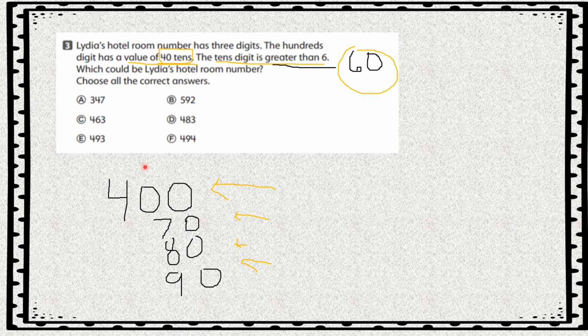Which of these is greater than 6 tens or 60? If it's greater than 6 tens or 60, then there's your answer. I'll give you a hint. There are 3 correct answers here. I want you to think about that, and we'll discuss this question again before we take the test on Friday. Good luck, awesome possums. Go back and review this video as many times as you have to understand 3-digit numbers.